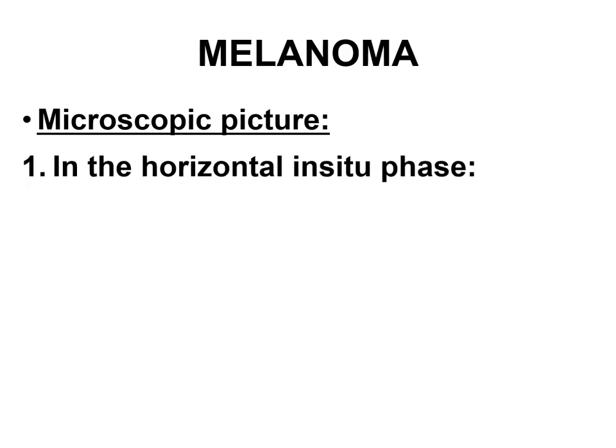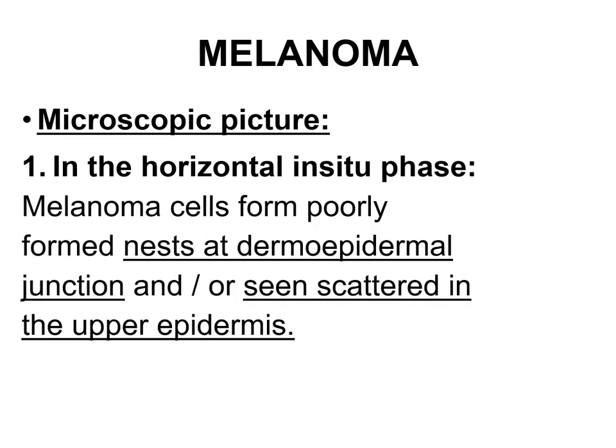As we said, in the horizontal phase of growth, or horizontal in situ phase, the melanoma cells form poorly formed nests at the dermo-epidermal junction, or they may be seen scattered in the upper epidermis, but no cells are present in the dermis. If it reaches the dermis, it becomes invasive melanoma or nodular melanoma.